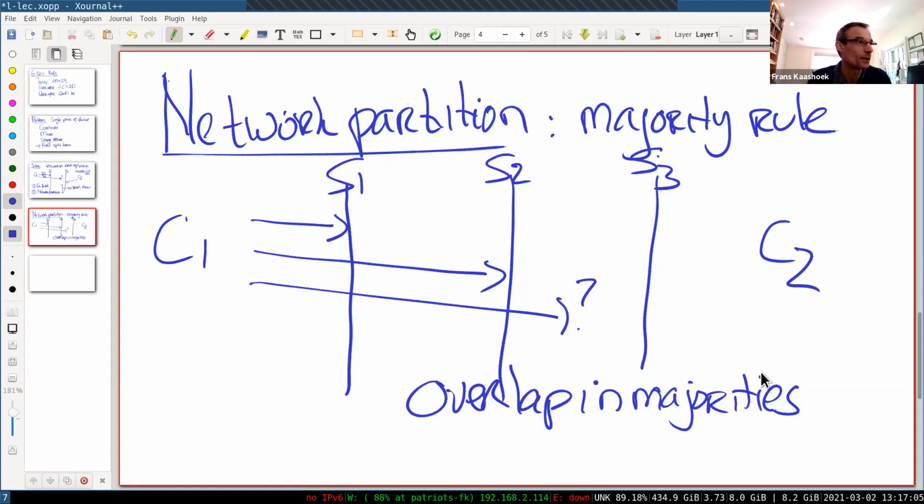Another implication of that is, it could also be the case that there are multiple partitions and there's no majority anywhere. And in that particular case, the system just cannot proceed, and clients talking to it basically have to wait until the network is healed enough that there's going to be at least one partition with a majority of servers.